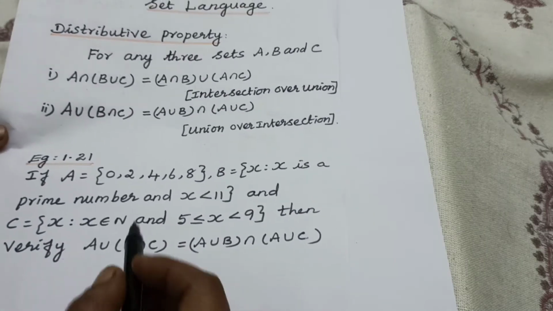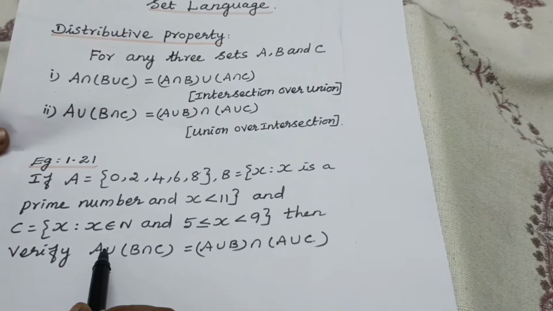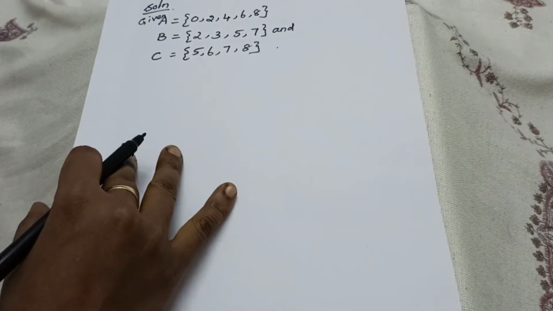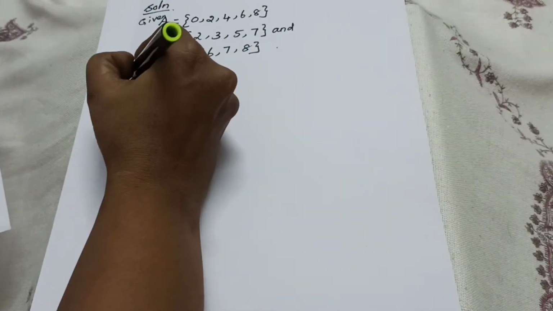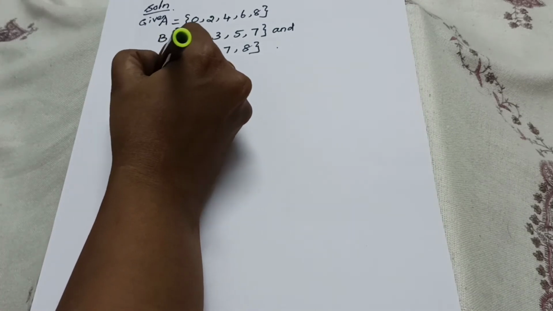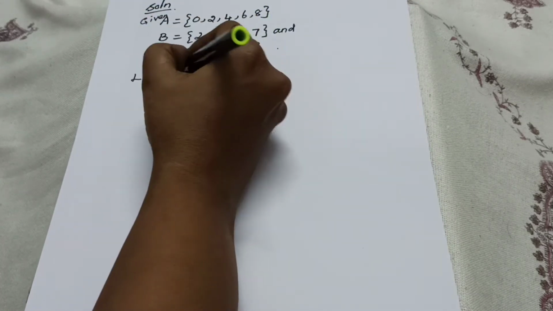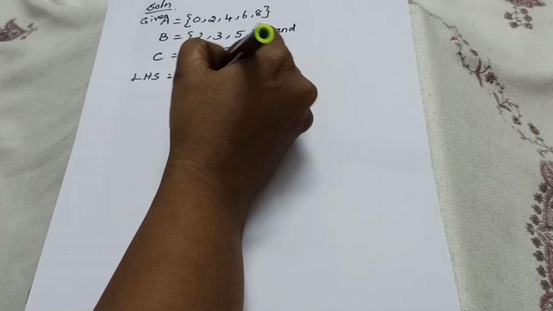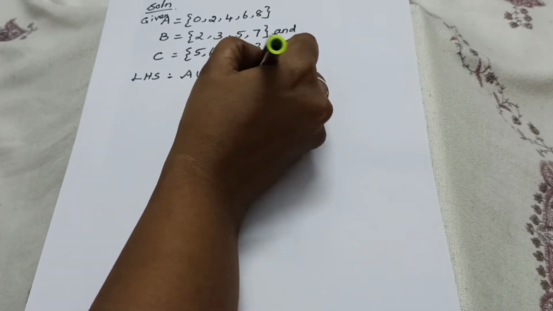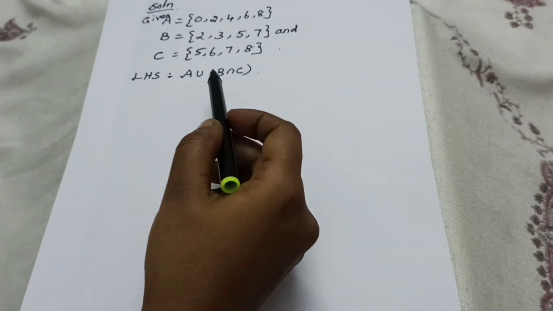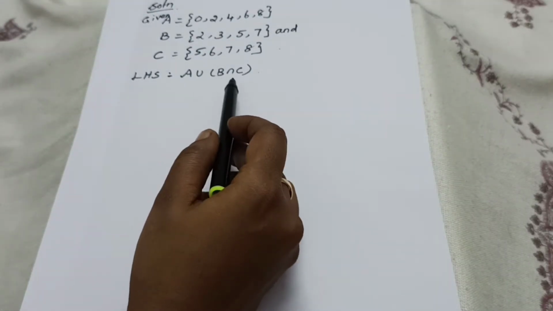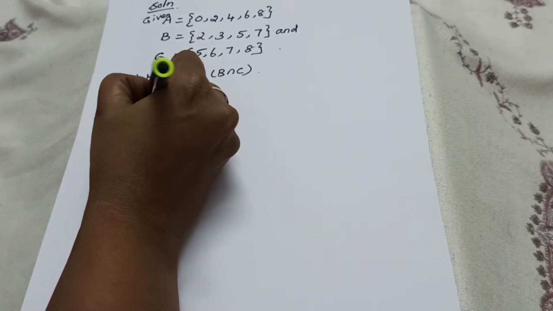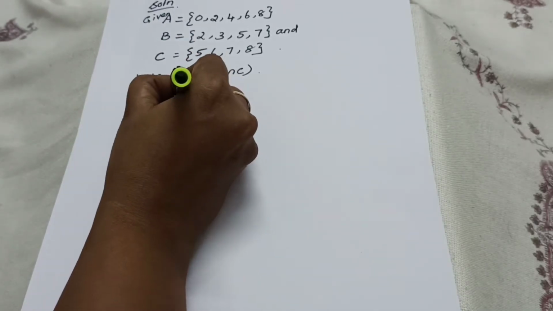Here, inside the bracket what is there? B intersection C, isn't it? First we have to find B intersection C.